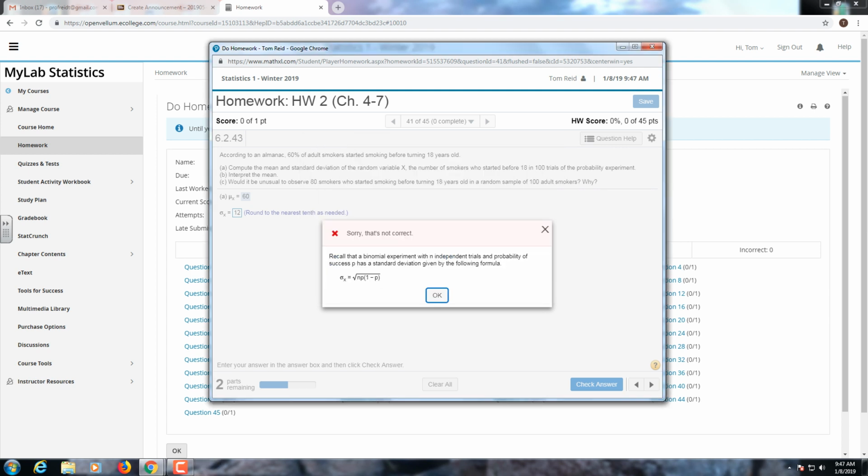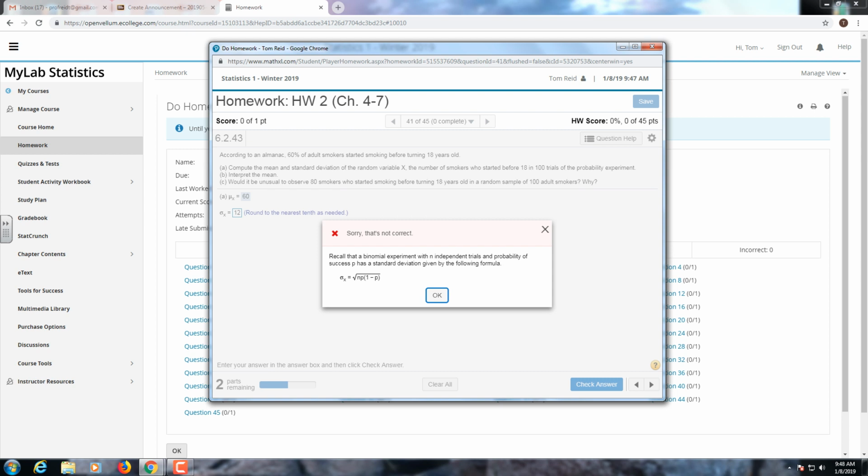So let's suppose now I'm trying to use the formula, and I do my square root in my calculator of n, which is 100, times p, which is 0.6. Now for 1 minus p, I would have to use parentheses like they're doing in that hint, 1 minus 0.6, or just remember, do it in my head, that's going to be 0.4. But let's just suppose that I make a calculator mistake and I get it a little bit wrong.